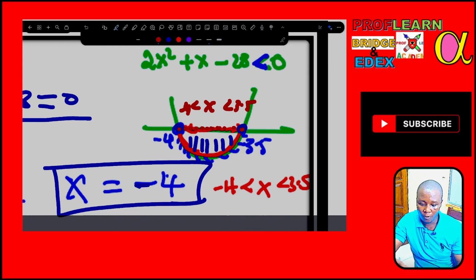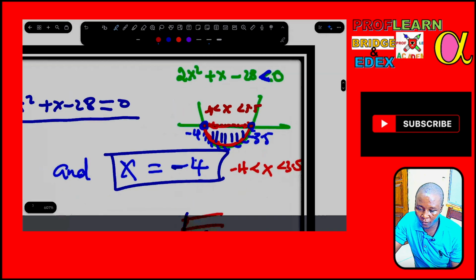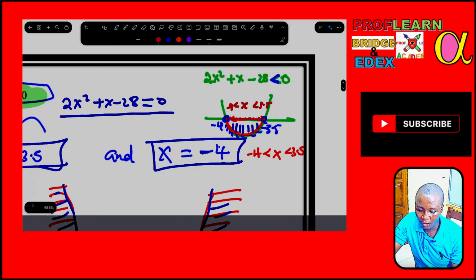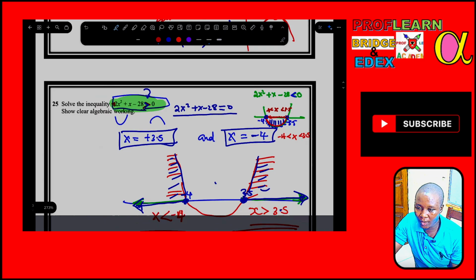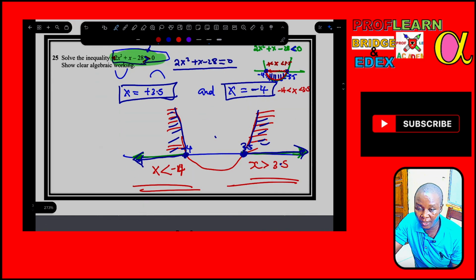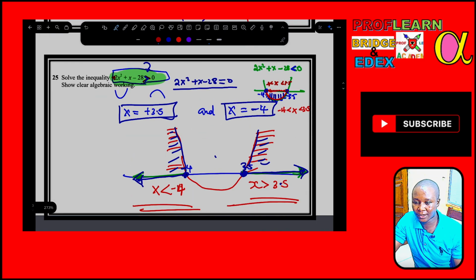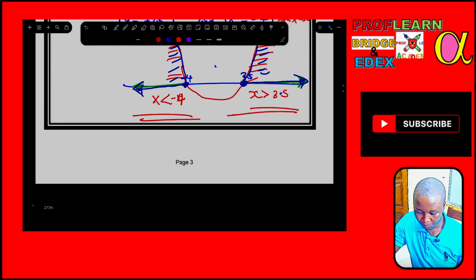So that's how you can find solutions for quadratic inequalities. First, ignore the inequality sign, get the answers, and then identify the best region for you to work out.